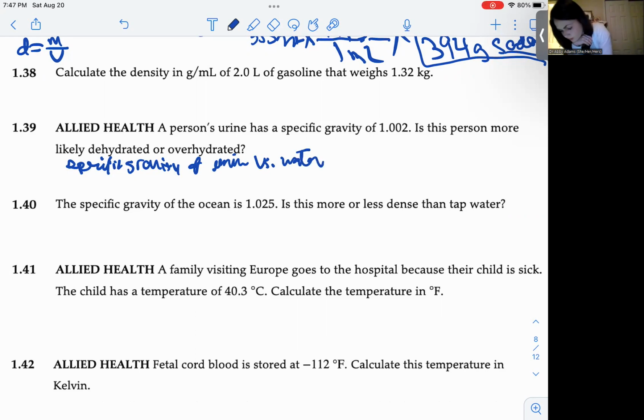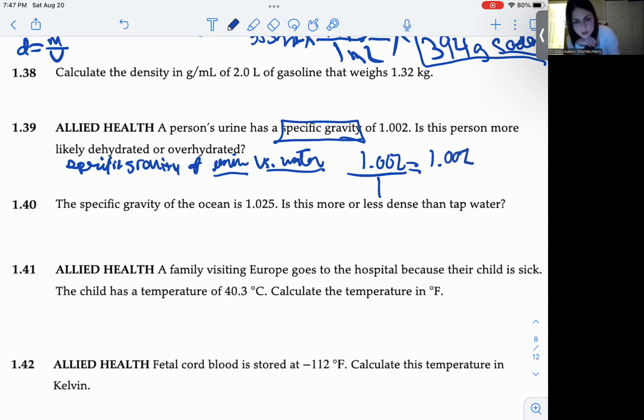We're given urine in this problem versus water. And so you have all of your information there, and you can write this: 1.002, your sample over water, and you have this ratio, the units cancel out.